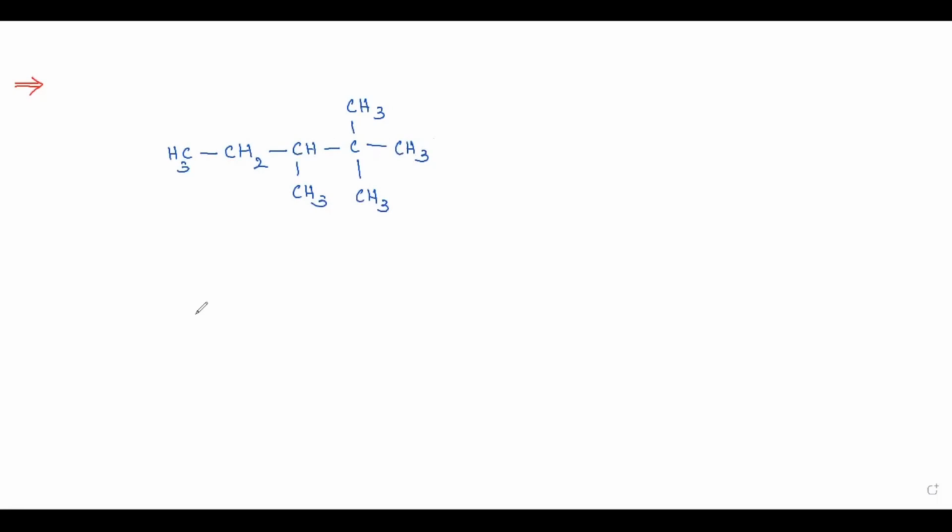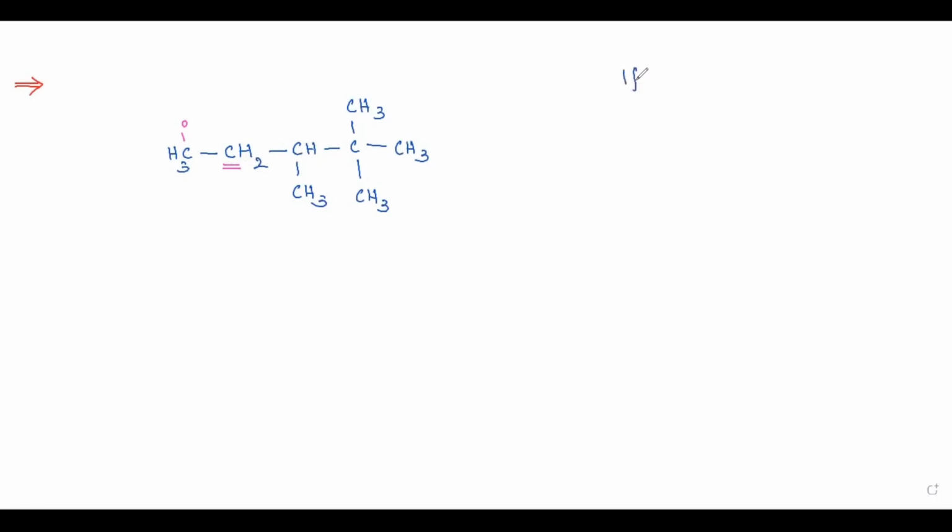I'm not going to give you the IUPAC name of this, but I'm going to give you something interesting. This carbon, if you observe, is connected to only one carbon. So let me call this carbon a primary carbon because it is connected to only one other carbon atom. Even if it is connected to no other carbon atoms, it is called a primary carbon.